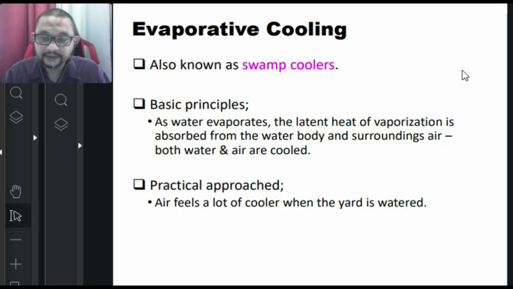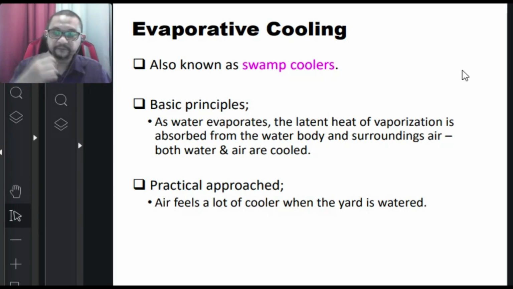Evaporative cooling is also known as a swamp cooler. So based on the principle, what is evaporative cooling? As water evaporates, the latent heat of vaporization is absorbed from the water body and surrounding air. Both water and air are cooled.